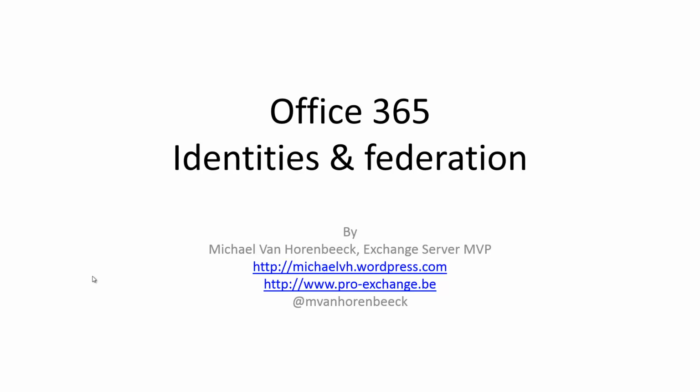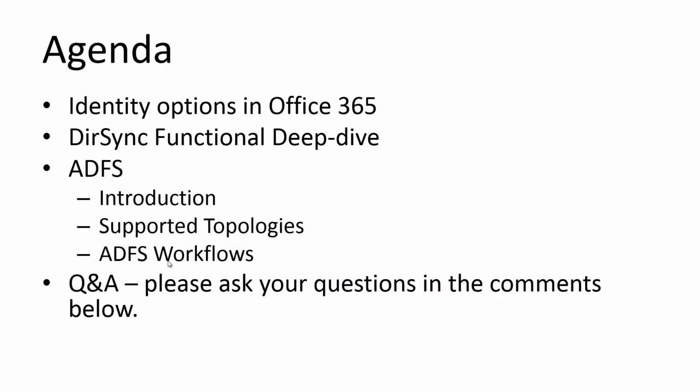So for our agenda of today, we have the different identity options in Office 365, where I will walk you through the different scenarios, the options that you have, ranging from small-scale deployments to really large enterprise deployments. After which, I'm going to talk about DirSync.